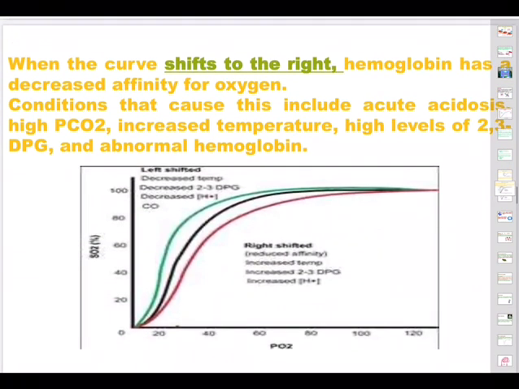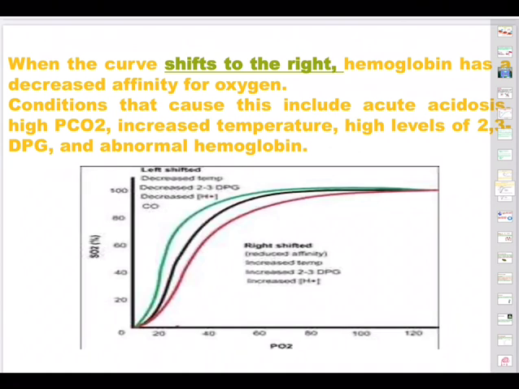And then when the curve shifts to right, as you are seeing, right shifted, hemoglobin has a decreased affinity for oxygen. The oxygen hemoglobin dissociation curve, when it shifted to right, the following conditions must be there.